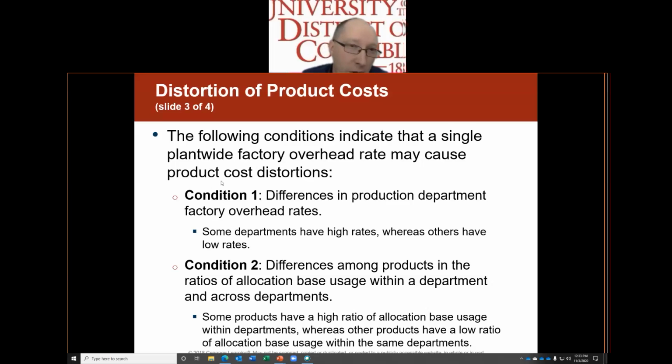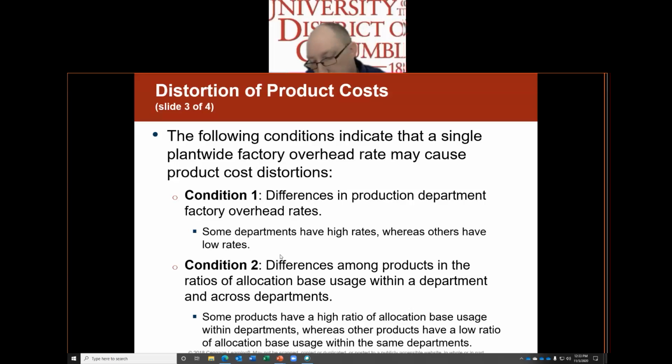When something's distorted, there are a couple of causes for it, a couple of conditions for how it becomes distorted. So condition 1, difference in production department factory overhead rates. Sometimes departments have high rates where others have lower rates.